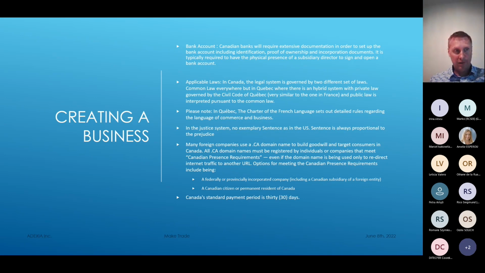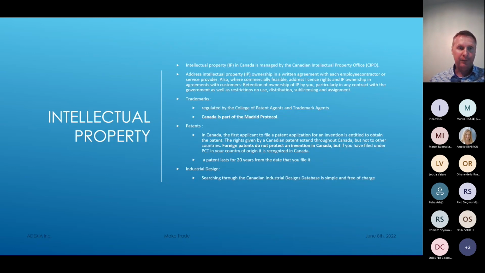Any other question on creating a subsidiary? No. Okay. So once you've created your subsidiary, it's time potentially, especially in your members' field of activity, to start protecting your intellectual property, because as I mentioned before, don't be overly confident with how nice Canadians look at first.